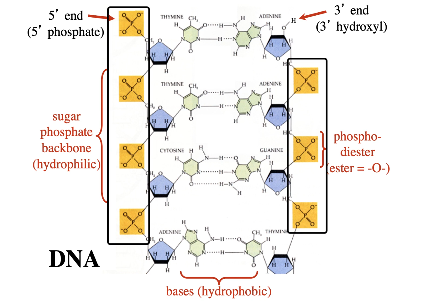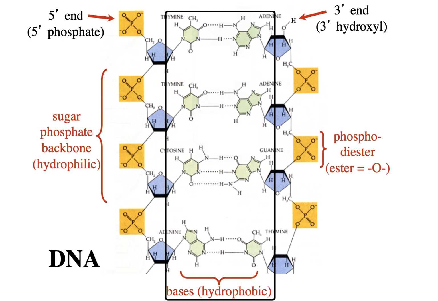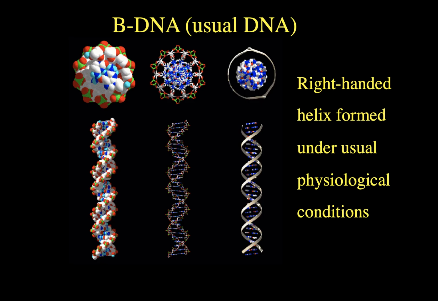Because these phosphate groups are negatively charged, this outside portion is hydrophilic, and that is then in contact with the aqueous or water part of the nucleoplasm or the cytoplasm in those cells. And the central part with these bases is hydrophobic, so those are tightly compacted on the interior of the molecule.